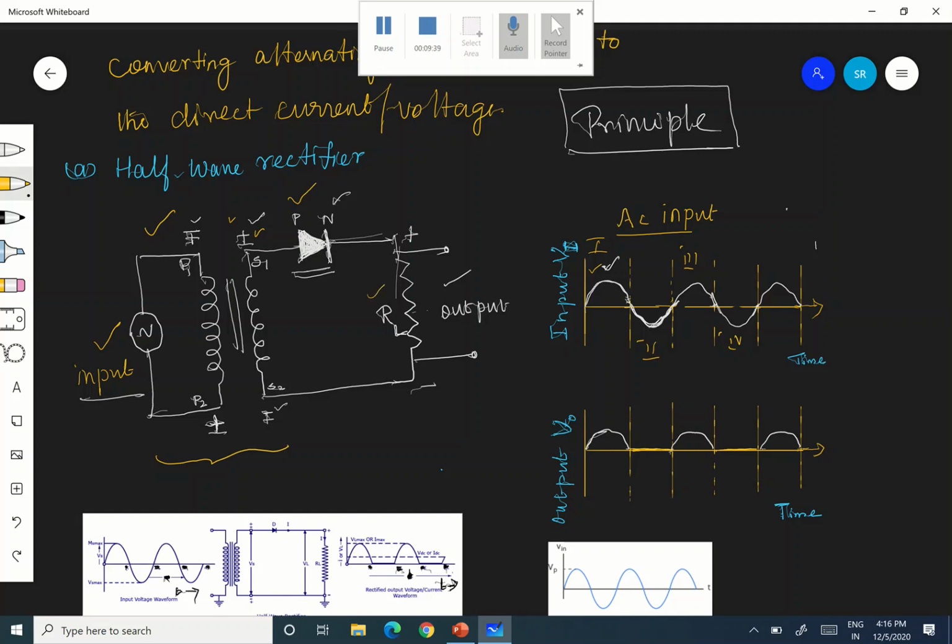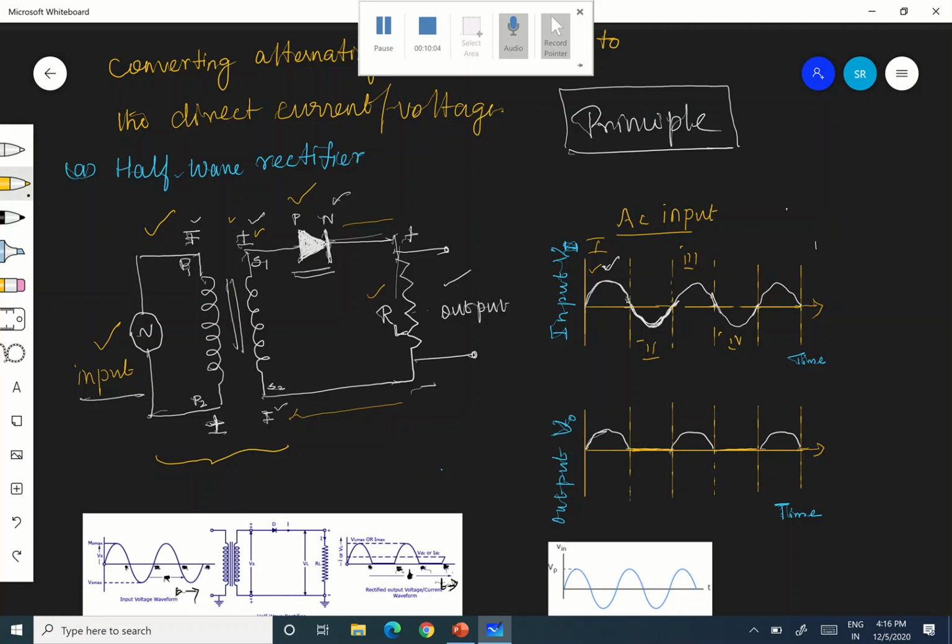P is connected to S1, N is connected to S2. So P is connected to positive and N is connected to negative during the first half cycle.